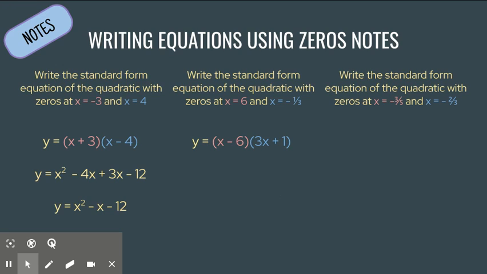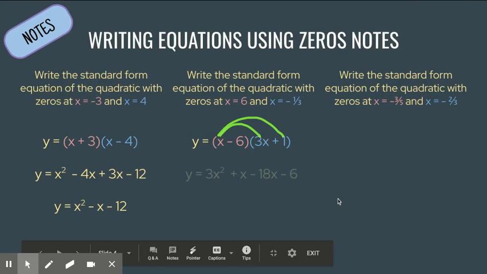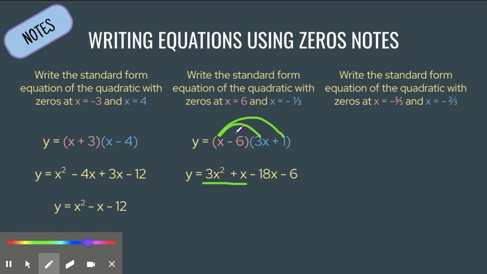Then I need to multiply this out. So I'm going to take the x times 3x and x times 1, which is going to be 3x squared plus 1x. Okay, that's where I get this part. And then I'm going to do the same thing, but with the negative 6 times 3x is negative 18x.